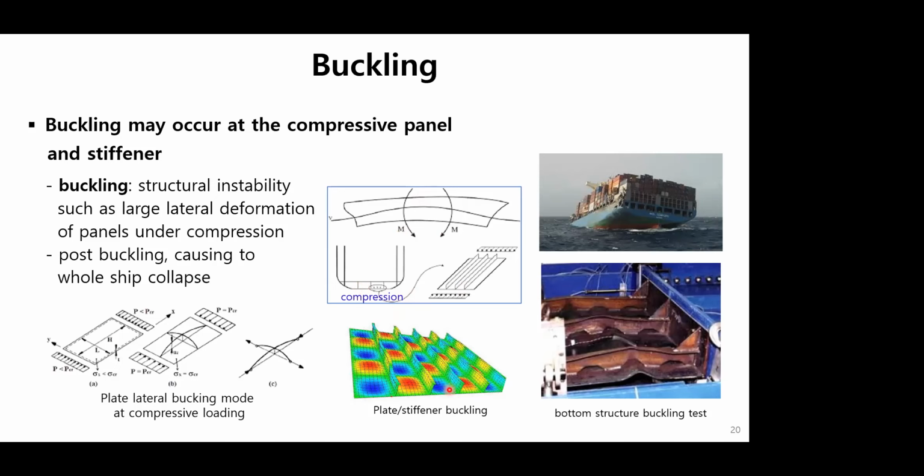As you can see in a simulation of buckling mode, the stiffeners bent this way and that way. Plate forms up and down, red and blue. It is very interesting to see a bunch of adjacent plates undergoing buckling mode together in series. Sometimes we carry out full-scale buckling tests in order to confirm the simulation results.